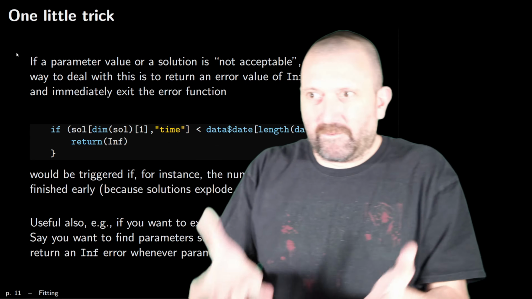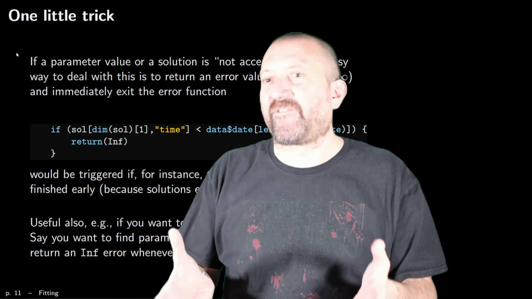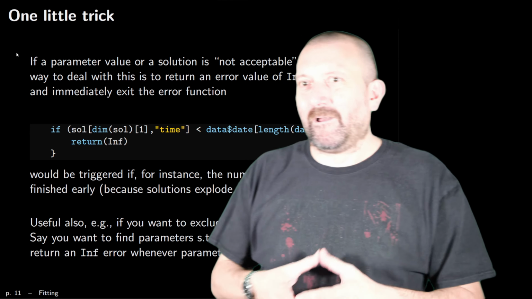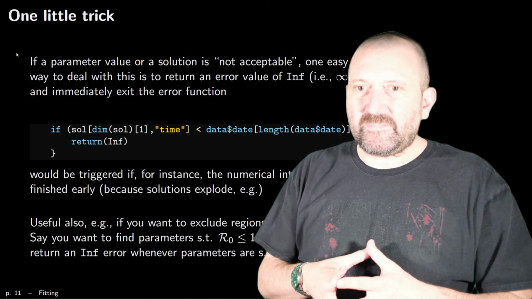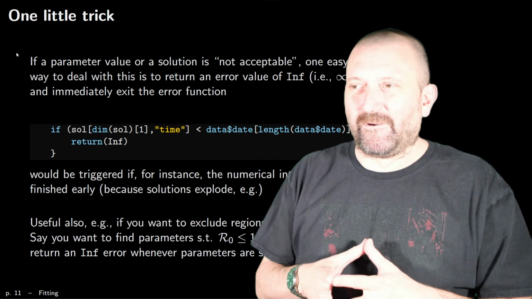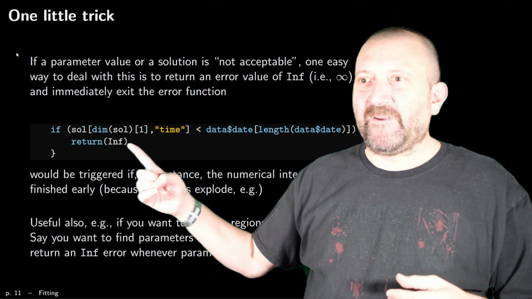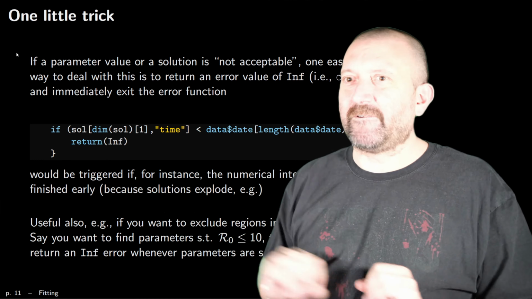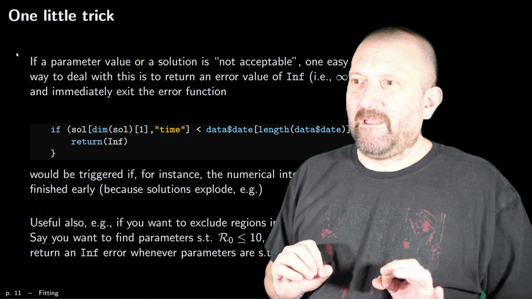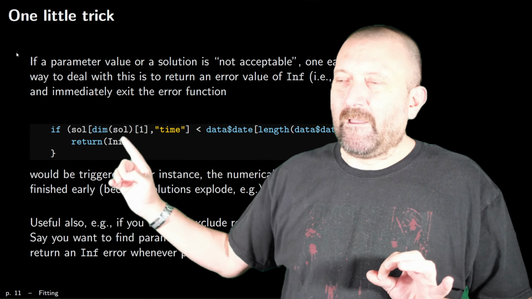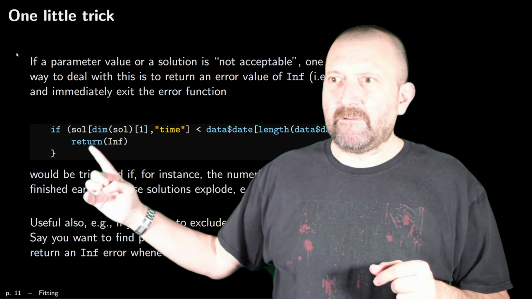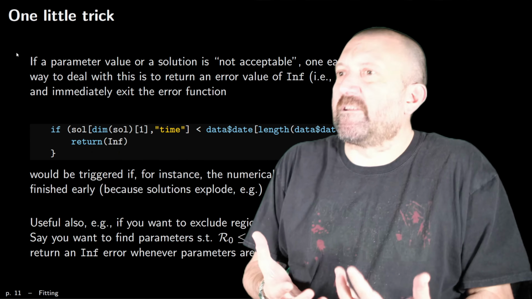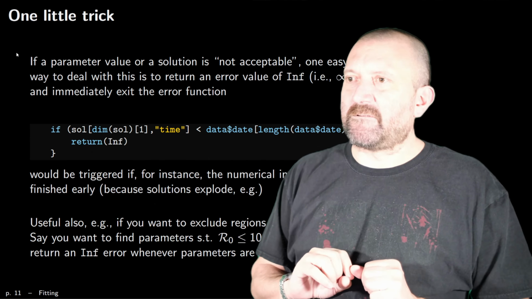And so your numerical integration routine would stop before the end of the run. So if I do that, then I say return infinity, inf here is infinity. What this is saying is that I'm computing my error, and if this condition triggers, then my error is infinity.